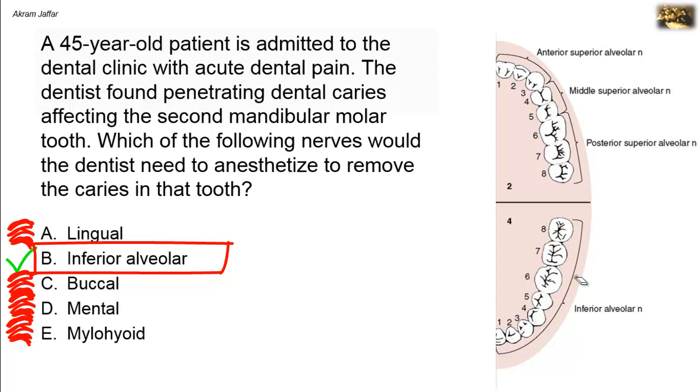And then the maxillary teeth are not supplied by a single nerve, but they are supplied by three branches from the maxillary nerve. These are the posterior superior alveolar nerve, which supplies the maxillary molars, then the middle superior alveolar, which supplies the maxillary premolars, and then the anterior superior alveolar nerve, which supplies the maxillary incisive and canine teeth.